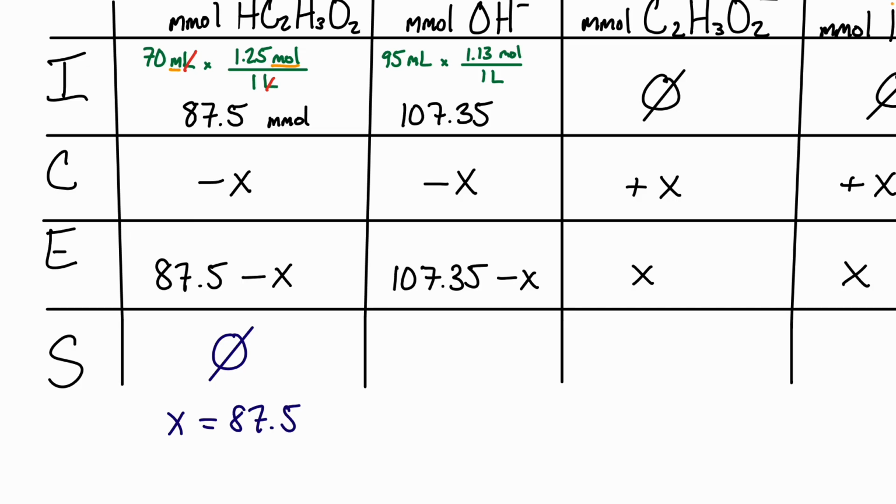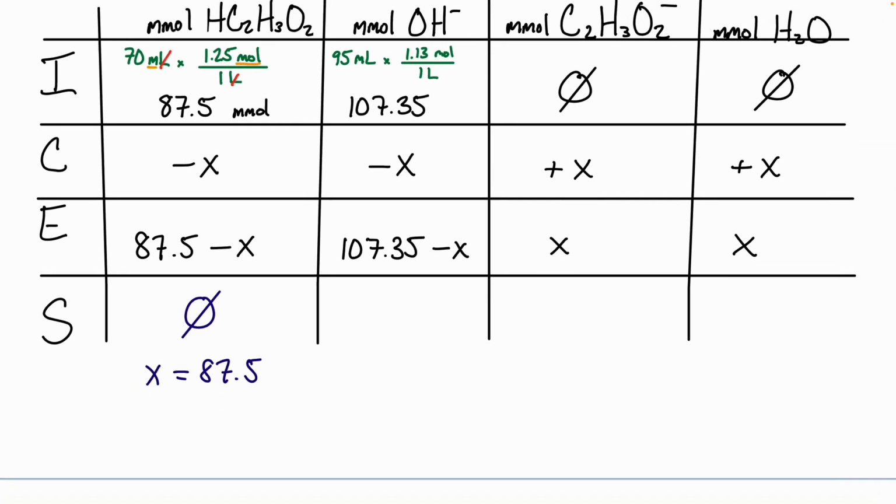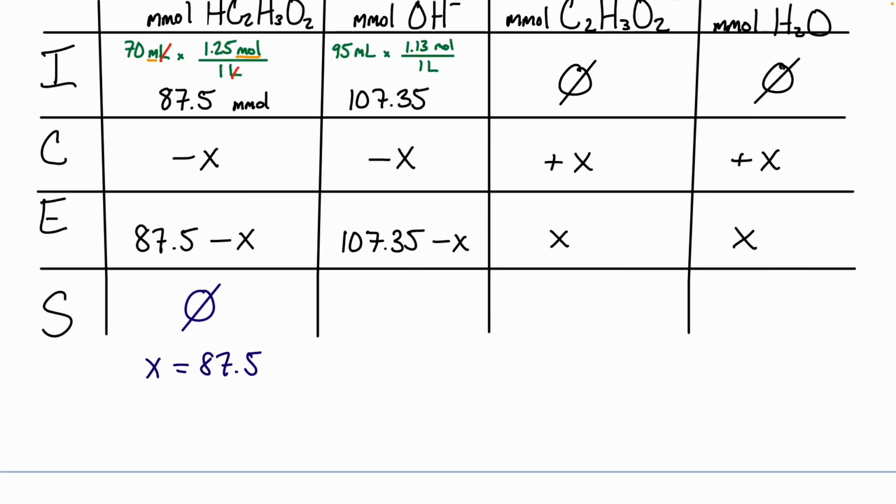So then I have to calculate all the other ones in my solve row. I've got 19.85 millimoles of my strong base.